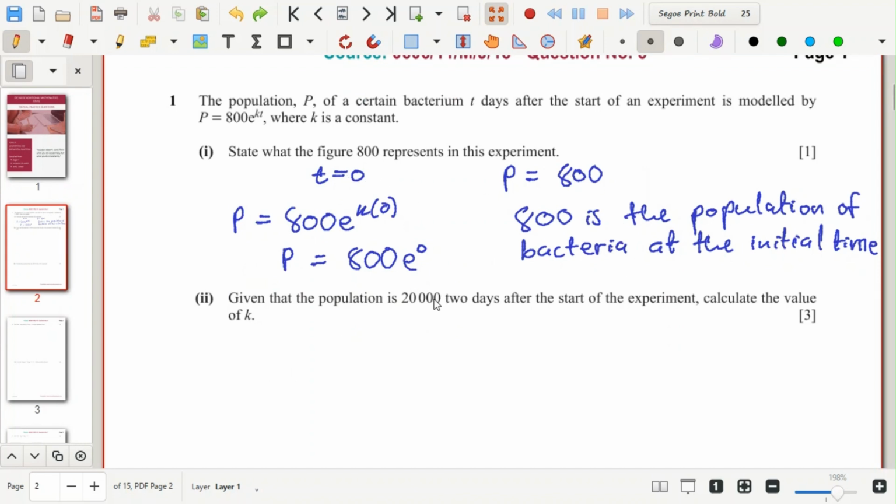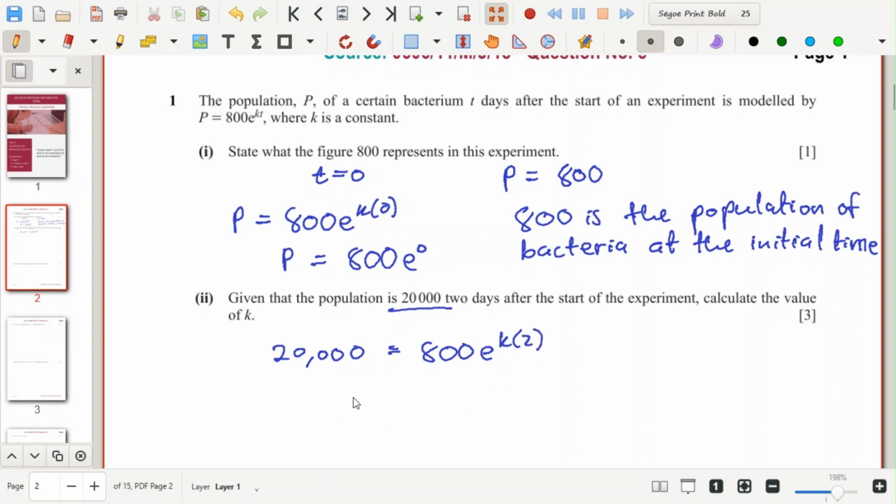Given that the population is 20,000 2 days after the start of the experiment, calculate the value of k. So here p is 20,000, and they say 2 days, so the time is what, 2.